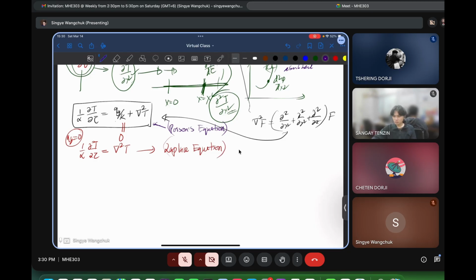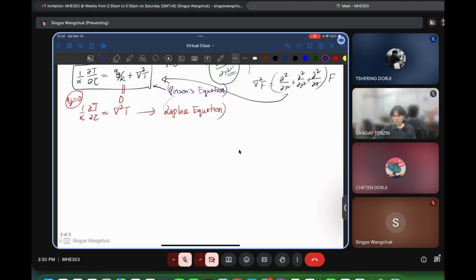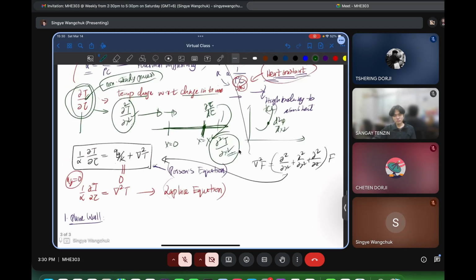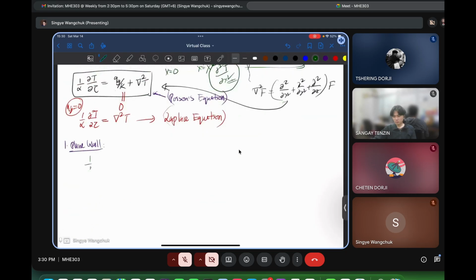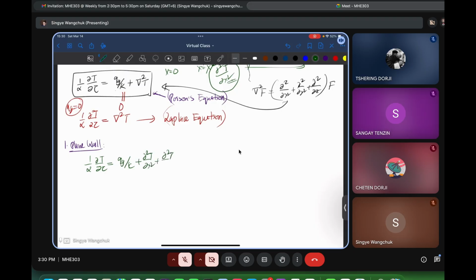Now let's do a very simple plane wall. For a one-dimensional plane wall, what we have here is 1 divided by alpha del T upon del tau equals Qg by K plus del squared T upon del x squared plus del squared T upon del y squared plus del squared T upon del z squared.